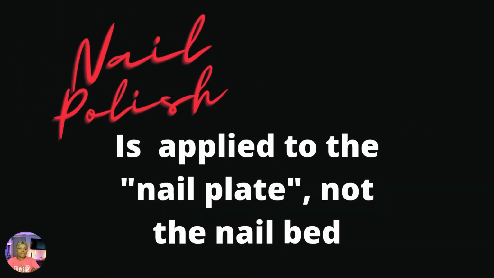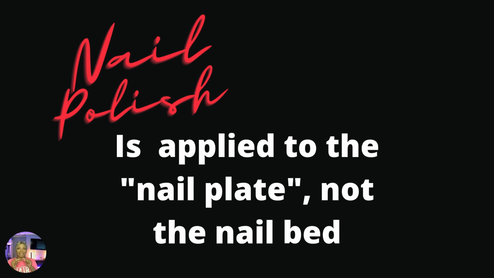All right. So your nail polish is actually applied to the nail plate, not the nail bed. Okay, don't get it confused. If you're practicing on a practice finger that doesn't have the nail plate on it already, and it only comes with the nail bed, you have to make the nail plate, because you can't put a nail over the nail bed.